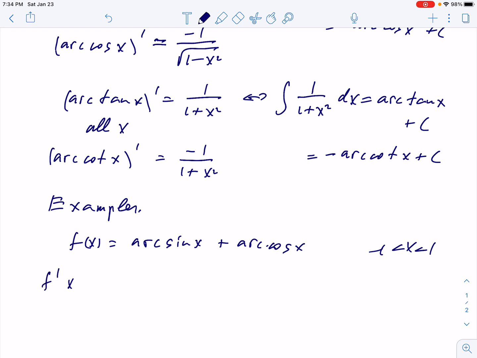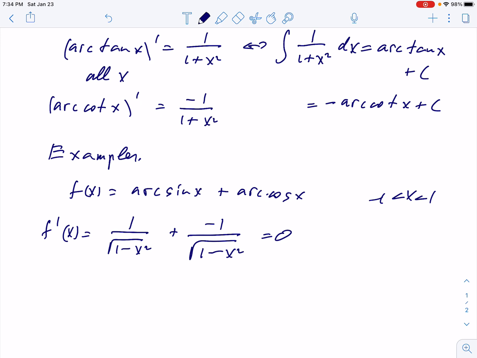What is f prime? Arc sine prime, which is 1 over root 1 minus x squared, plus arc cosine prime, which is -1 on the same root. And we see that this derivative is 0 over the given interval.